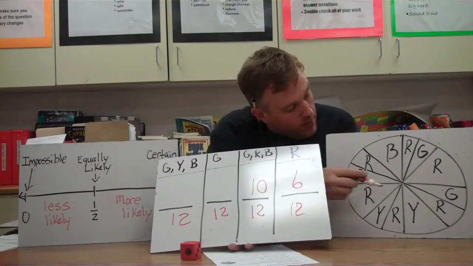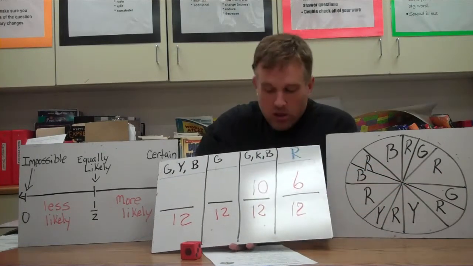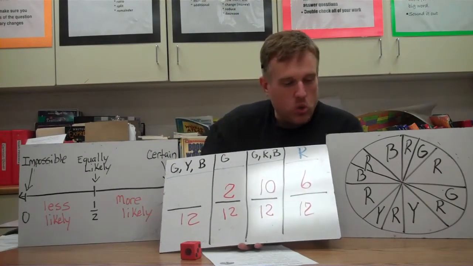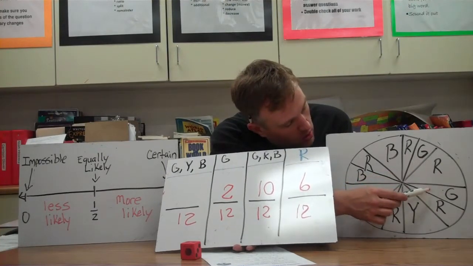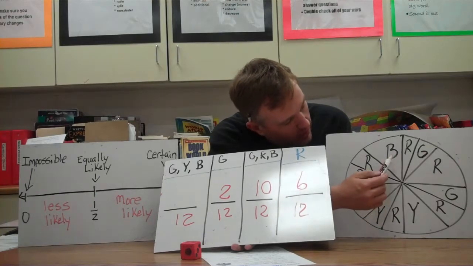Then for my green, 1, 2, 2 12ths. And for my green, yellow, blue: 1, 2, 3, 4, 5, 6.